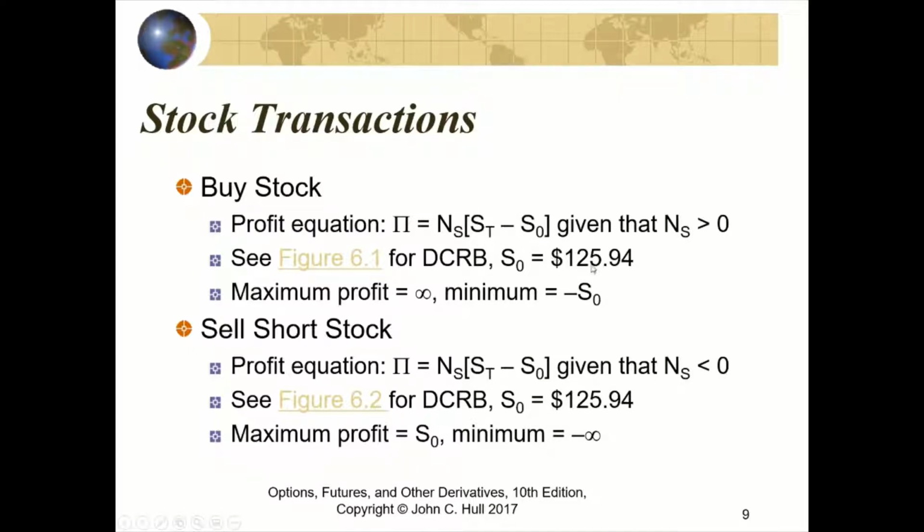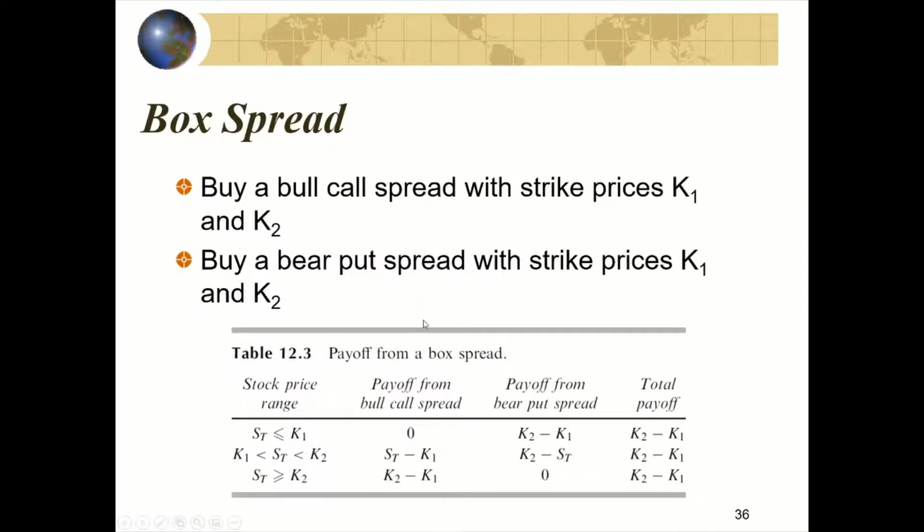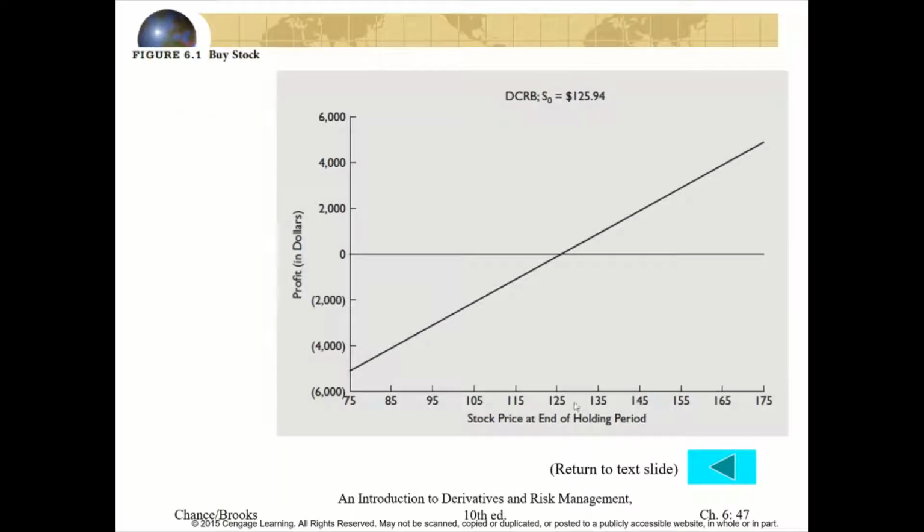So if we assume that S_0 is 125.94 for a stock of a fictional company called DCRB, in this diagram we observe that there is a positive relationship between the underlying stock price and the profit you make, which is logical.